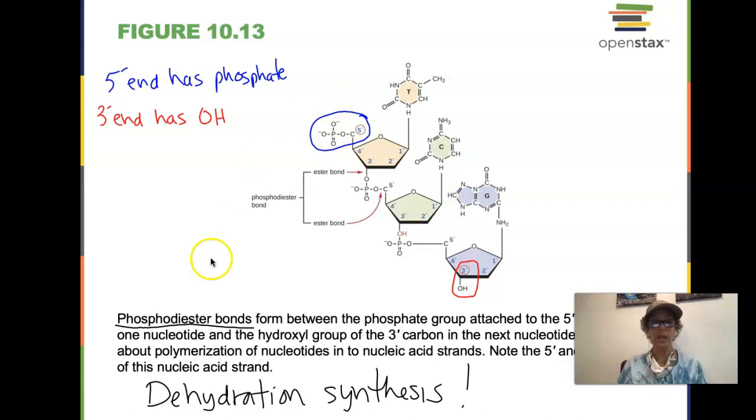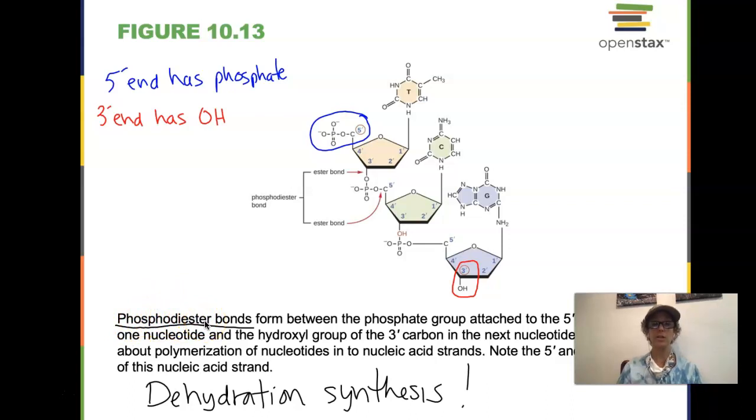The bond happens using dehydration synthesis between the OH on the 3' carbon and the phosphate on the 5' carbon. The 3' OH to the 5' phosphate. And that bond is called a phosphodiester.